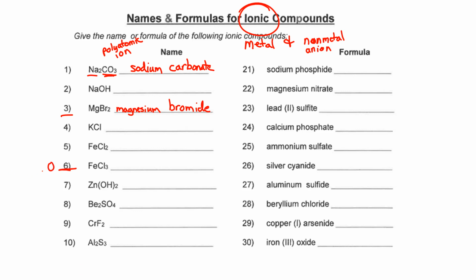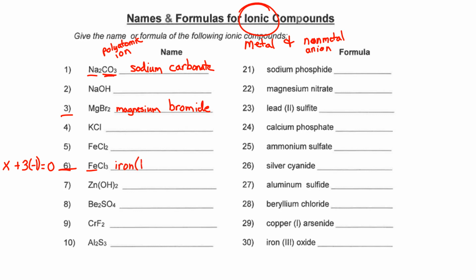So if I know that a compound has to have a 0 total charge, and I have 3 chlorines with a -1 charge, I can solve for my charge of iron this time. And I have to do that because it's a transition metal. So what is the charge of iron in this case? It's +3.